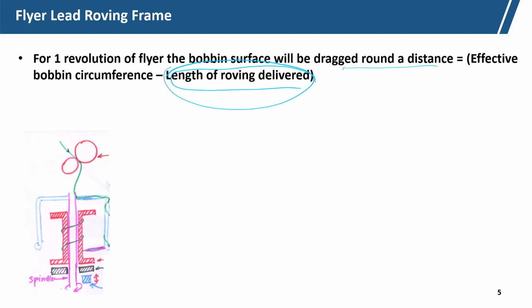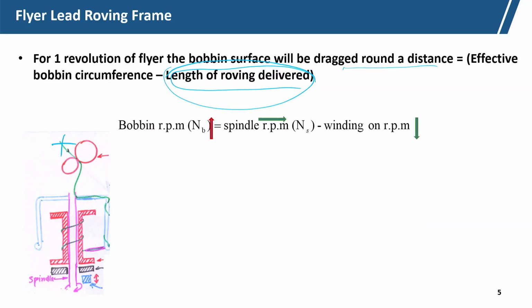So, you can see here, if there is no delivery and the material is threaded, for one revolution of the flare it will drag the bobbin for one whole revolution, but as the delivery is there, it will start lagging behind that.